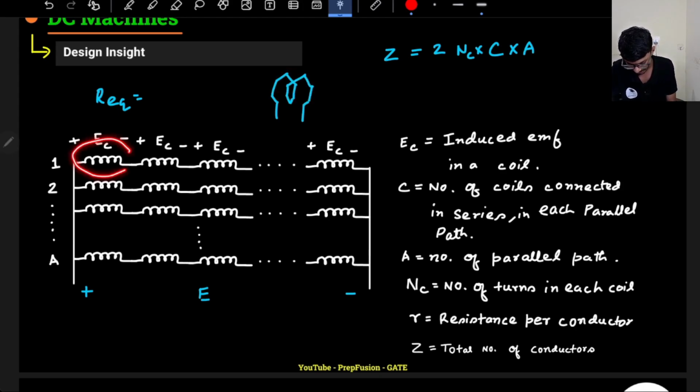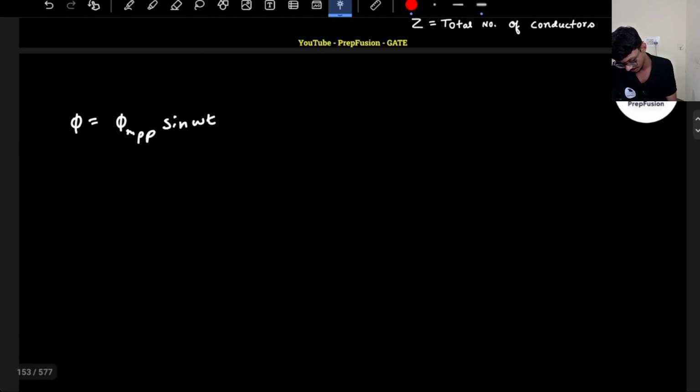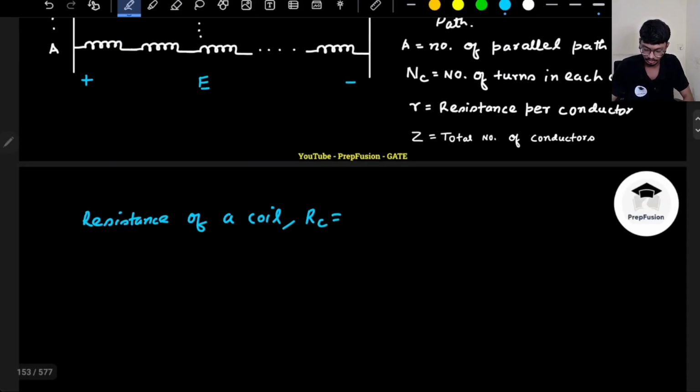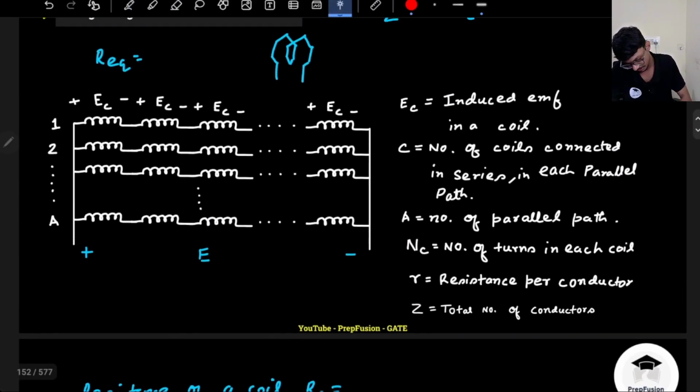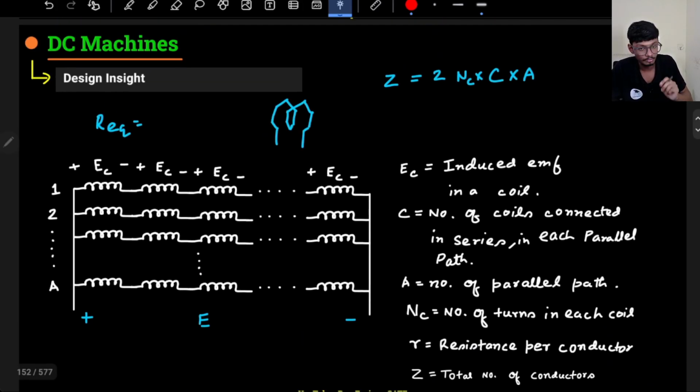So first let me calculate the resistance of a coil. Let me name it RC. The resistance per conductor is R. Here I have 2 turns, so the total resistance is 4R, as I have 4 conductors. So I just need to find the total number of conductors in each coil, not in every parallel path, but in each coil.